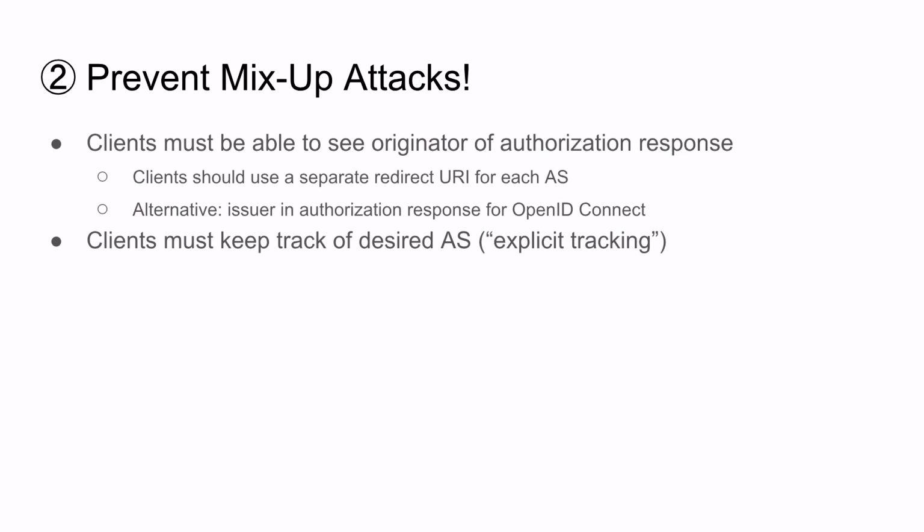So the client exactly sees from which AS the authorization response comes. You get that for free if you're using OpenID Connect. You just have to check it. And the client must keep track of which AS was intended, and then ensure that only this AS can send the authorization response.